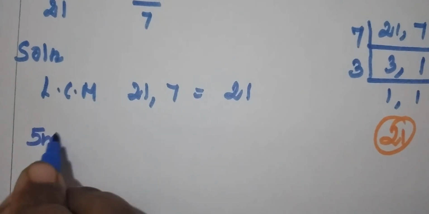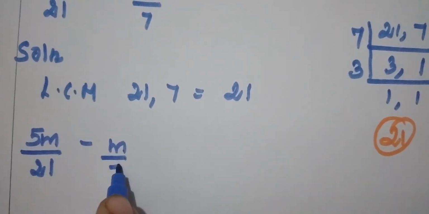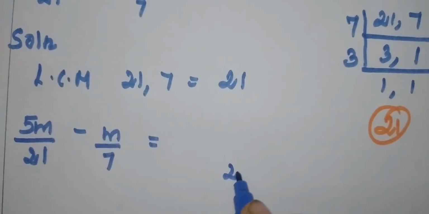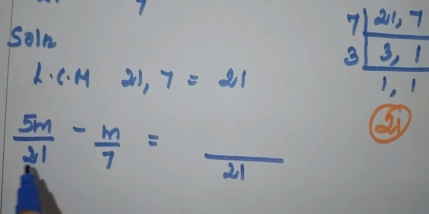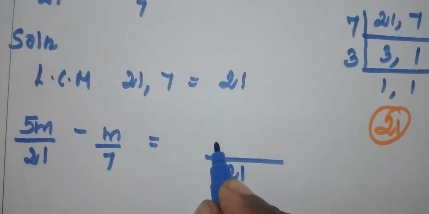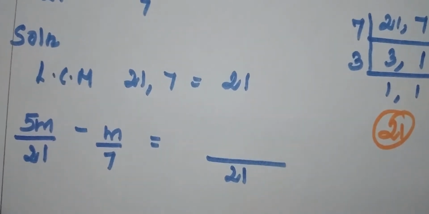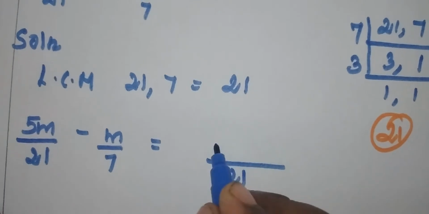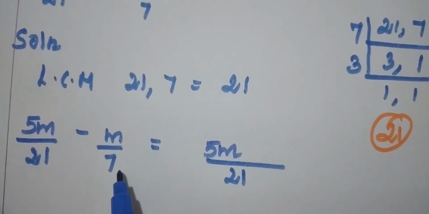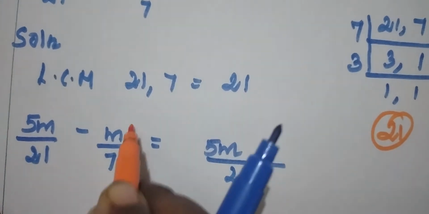So 5m by 21 minus m by 7 is equal to, here the LCM is 21. The first term, already the denominator is 21, so you can write the numerator as such, 5m. In the second term, the denominator is 7. So you should multiply the denominator by 3 to get the number 21.